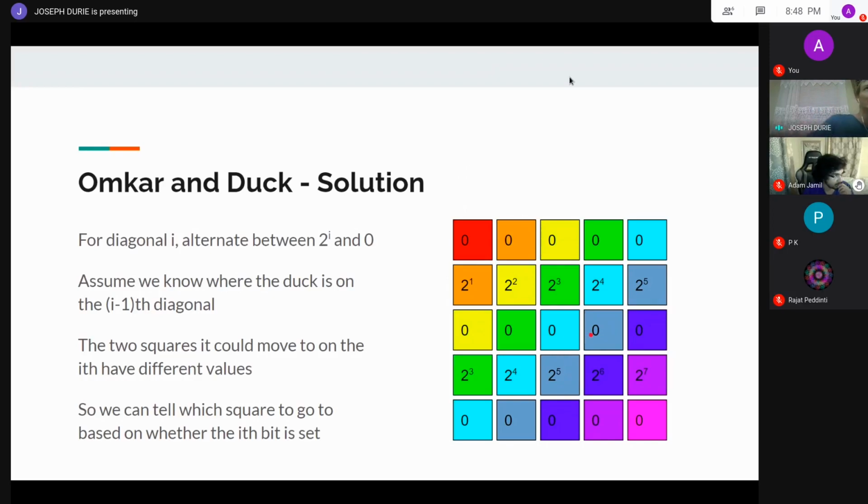So by looking at which bits are set, we can determine whether to go right or down at every step. There's no nice correlation we can make. We can't always say, if the bit is set, then you go right, otherwise you go down, because the right from this square is the down from this square. But if you just look at your current position and what the Aij values directly down and to your right are, then you can solve it that way.